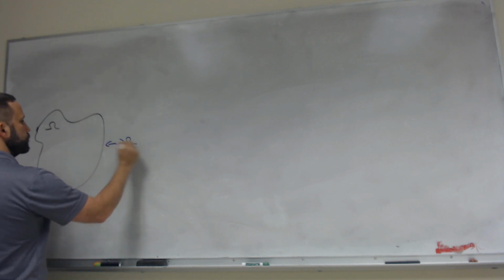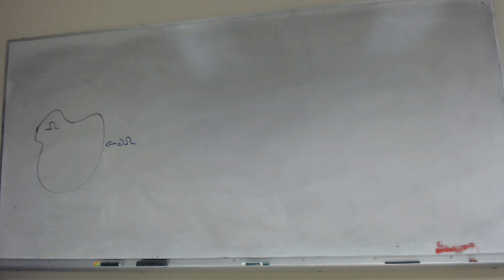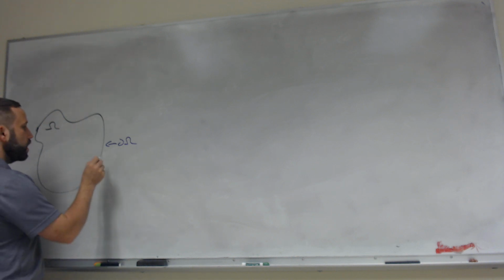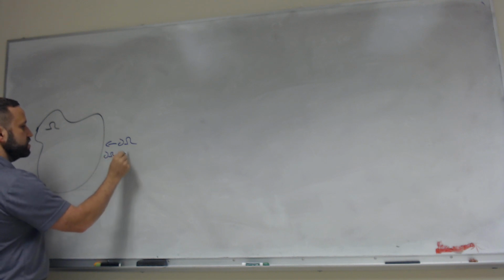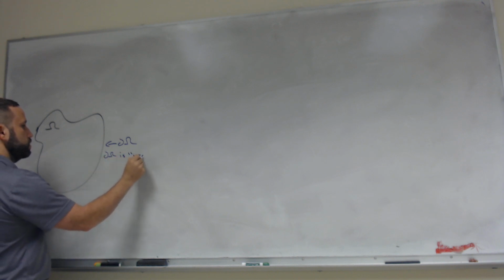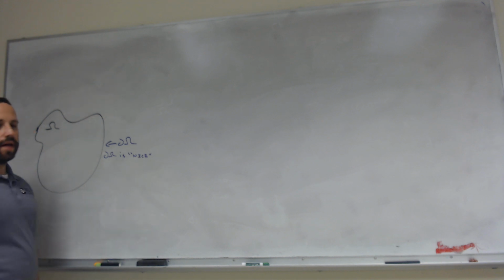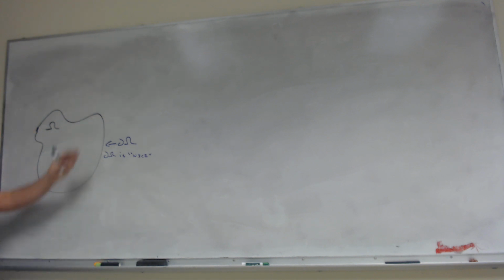I'm going to assume that the boundary of omega is nice. What I mean by that is basically there are no corners. It's a nice smooth curve that's bounding it.